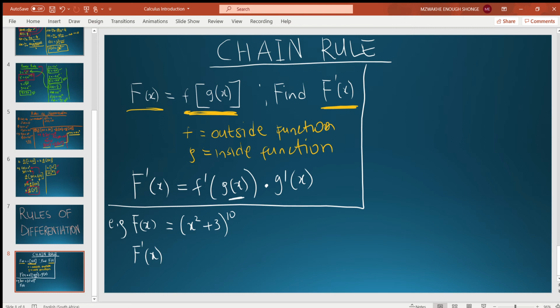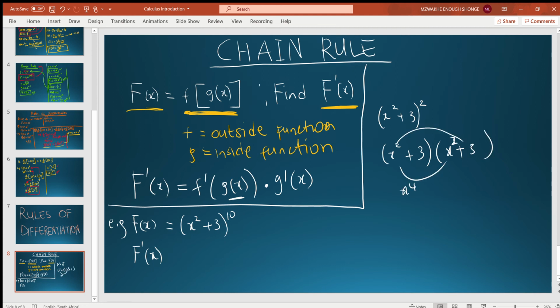Now if you were given x squared plus 3 to the power 2, you could multiply it out: x squared plus 3 times x squared plus 3, and you get x to the 4 plus 3x squared plus 3x squared plus 9.